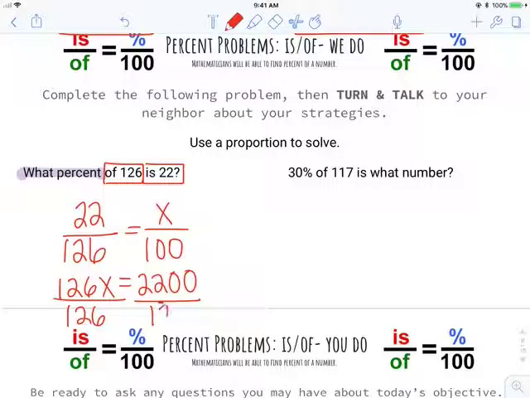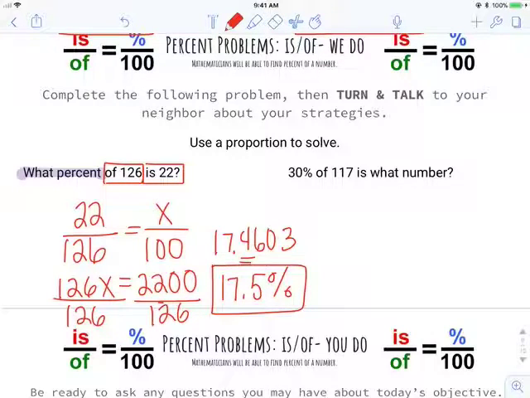I divide by 126 on both sides, and I get a really long, crazy decimal, 17.4603. Remember, we have to round to the tenths, so that's going to round up to 17.5%. And if you get one like that and you're not sure you typed it in right, just type it back in your calculator. Make sure you get that same decimal, which I did.